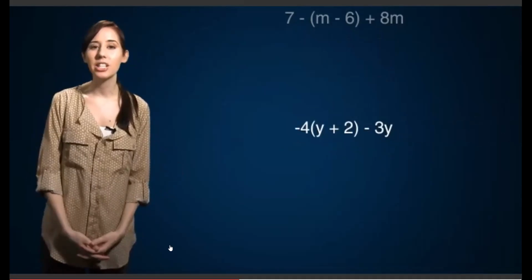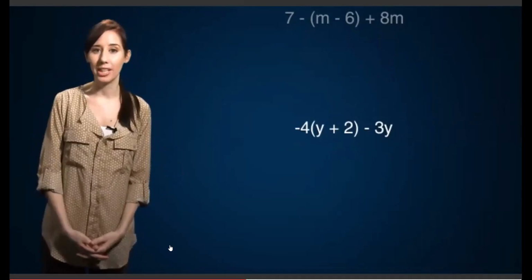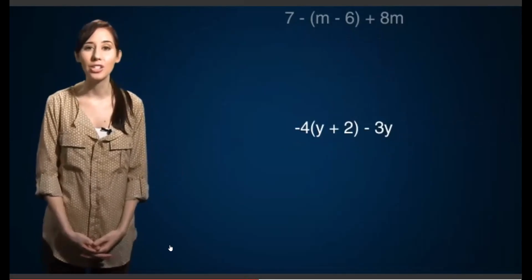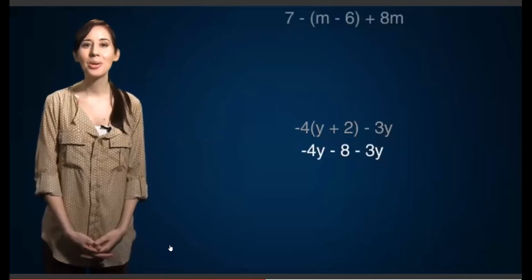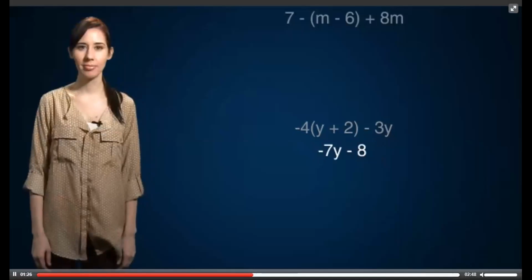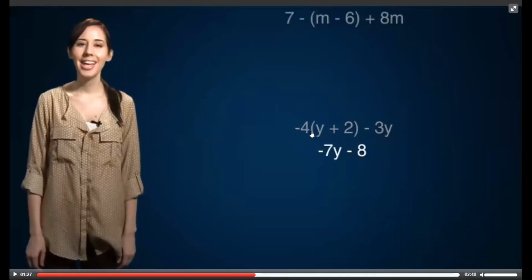Again, begin by using the distributive property to remove the parentheses. So multiply -4 by both y and 2. Now combine the like terms. And in this example, the like terms are actually the ones with the variables. This -4 times y gives you a -4y. The -3y is separate.